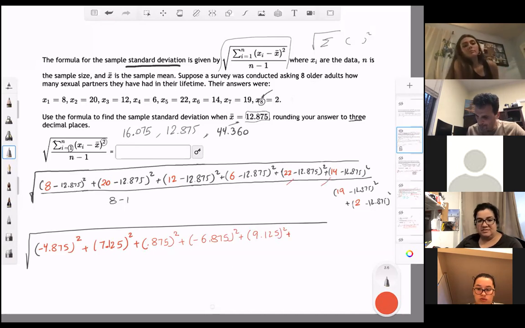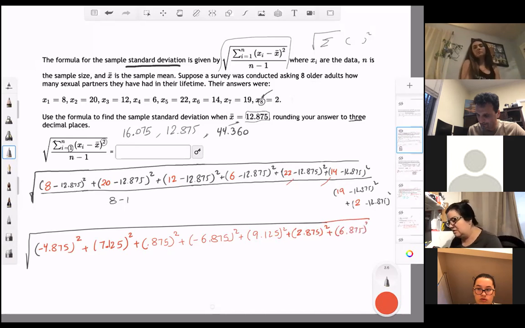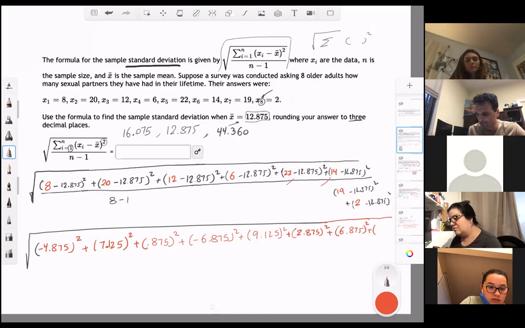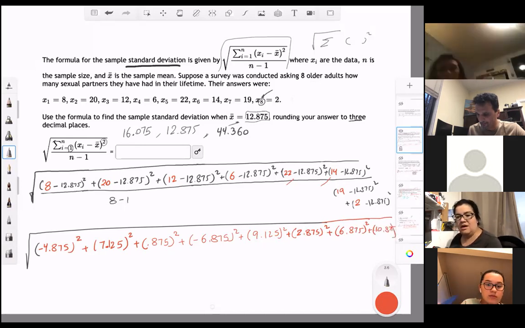And 14 gives us 2.875 squared plus 19 minus that gives us 6.125 squared. Last one will be plus 2 minus 12.875 gives us negative 10.875.